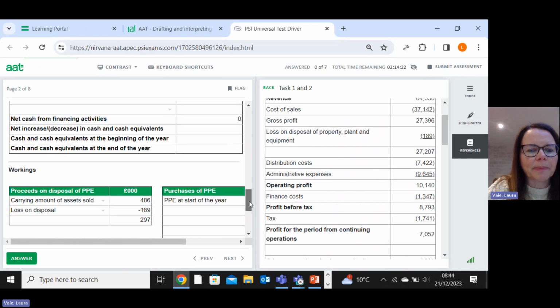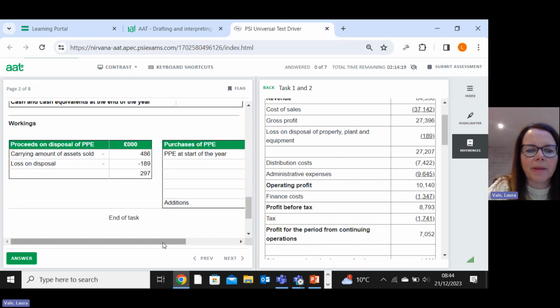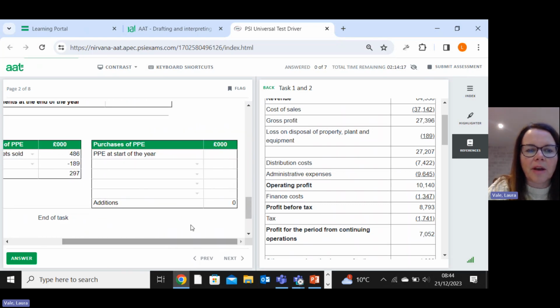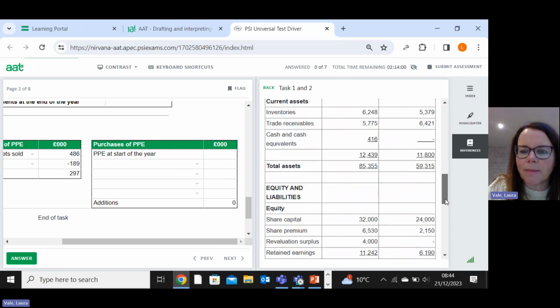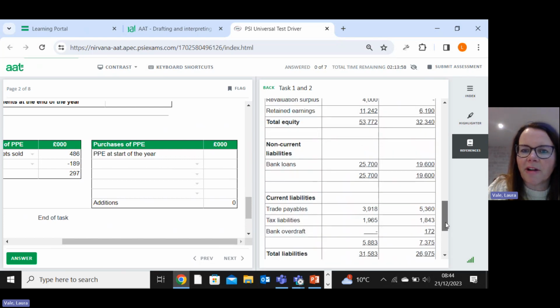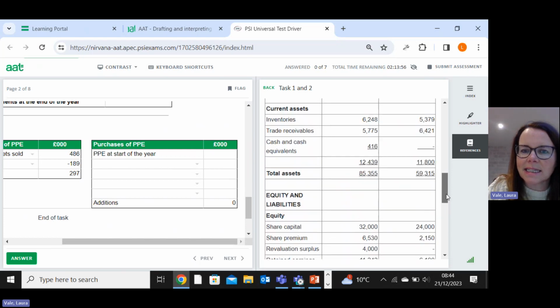The other working is purchases of PPE. So you can do this as a T account, but some people prefer just to do it as here. So I'll stick with this as I can't draw a T account to show you. PPE at the start of the year. So PPE, property, plant and equipment is just our collective term for our non-current assets.